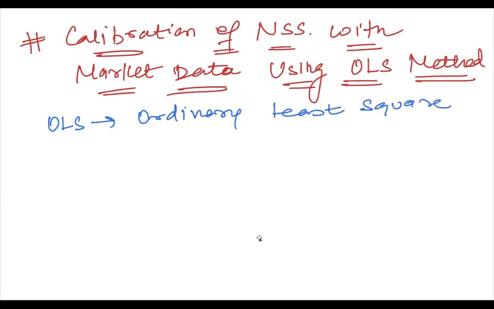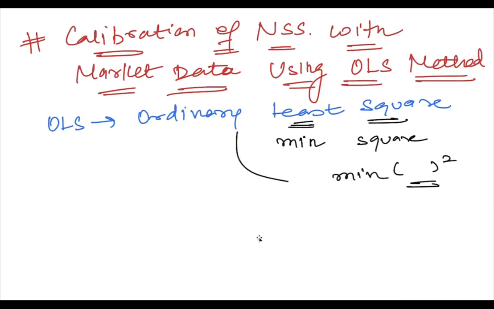If you see the term, you yourself will think: squares, we are squaring something. Least, we are minimizing the square. Square means just taking the square of something, and then least means we are minimizing this. So this is what this method is.